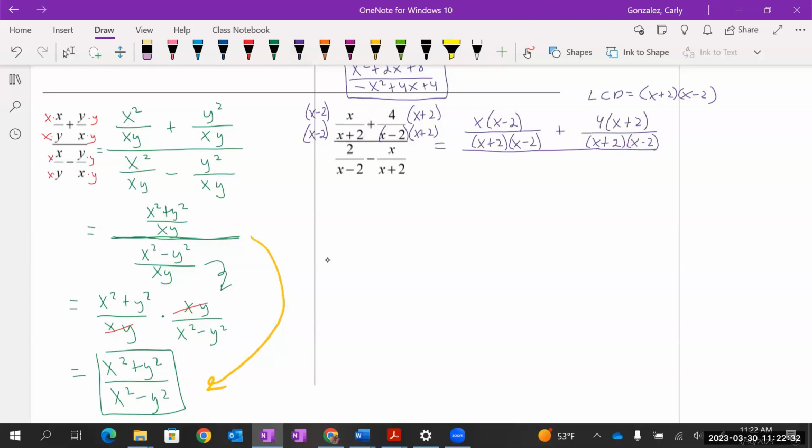Now, looking at the two fractions in the denominator, I'm just focused down here. Again, the LCD is x plus 2, x minus 2. So I'm trying again to get everything in with that denominator, x plus 2, x minus 2.